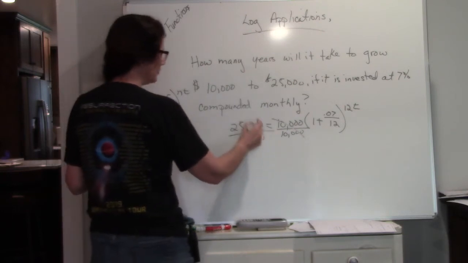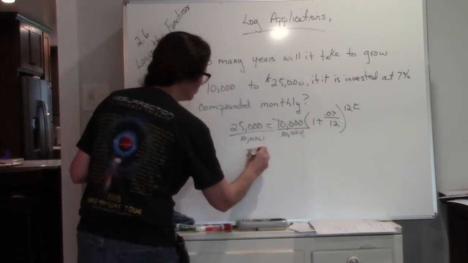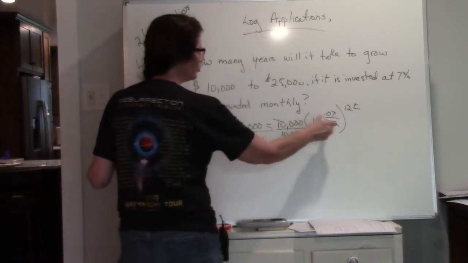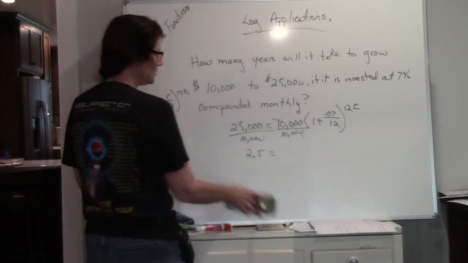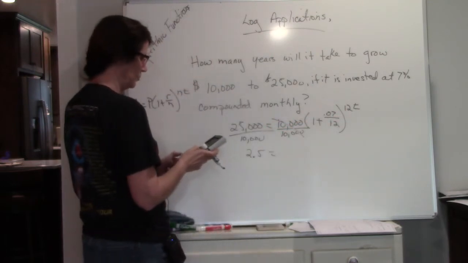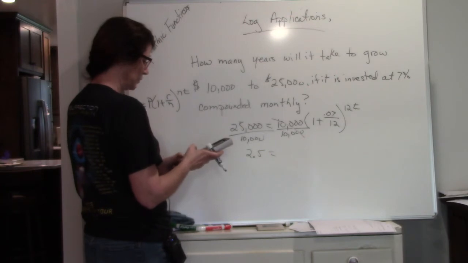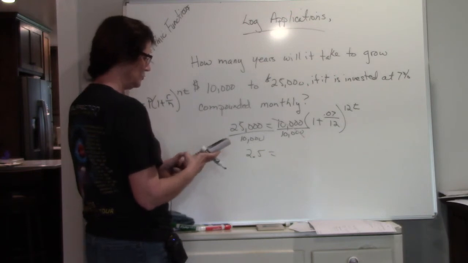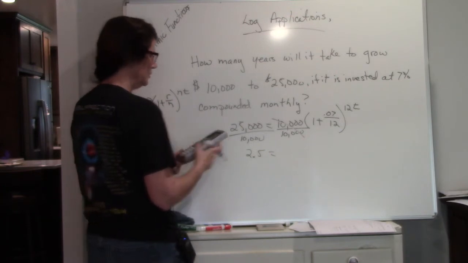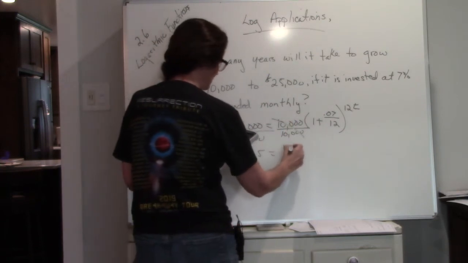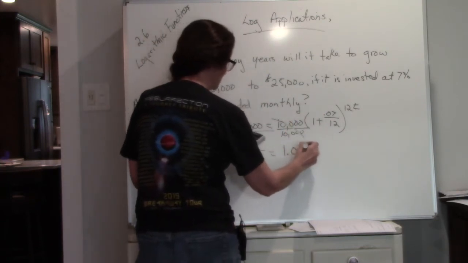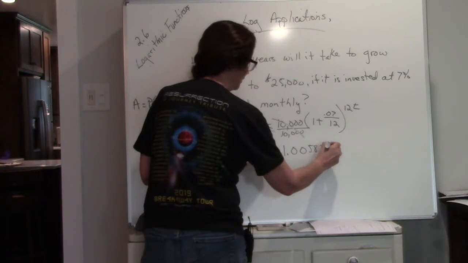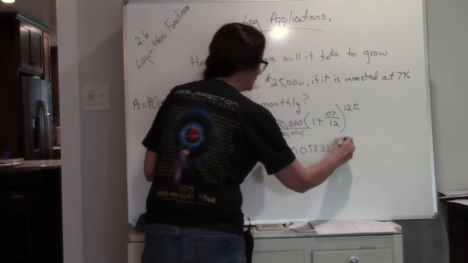So 25,000 divided by 10,000 is 2.5. I'm going to go ahead and calculate what's inside my parentheses because that's a number. I have all the information I need. So 0.07 divided by 12 plus 1. So inside the parentheses, I have 1.005833, all raised to 12t.